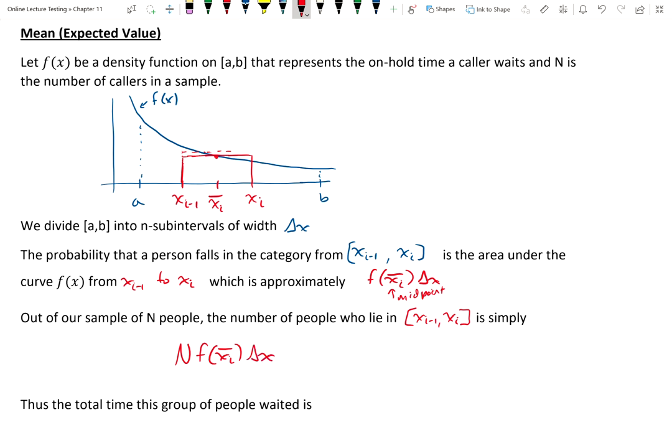If we had a certain interval, say 5 to 10 minutes, and the probability that somebody is in that group is 60%, and we had a group of 100 people, that means 60 people would lie in that category. That's where this number comes from. So n is the number of people, and f of x sub i star times delta x is the probability. So this would equal the number of people in that interval.